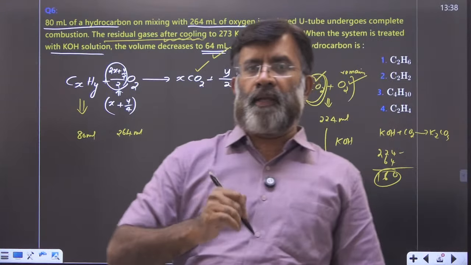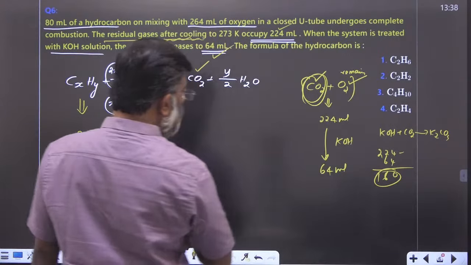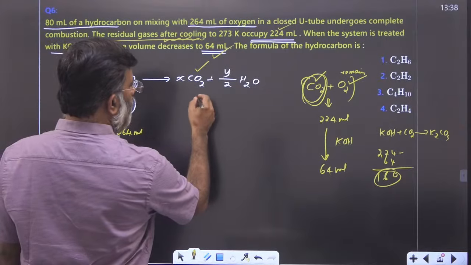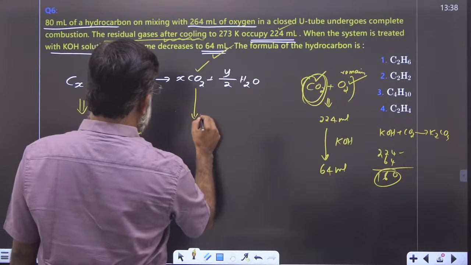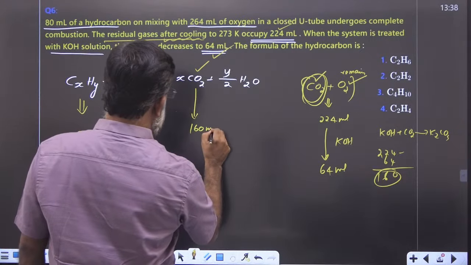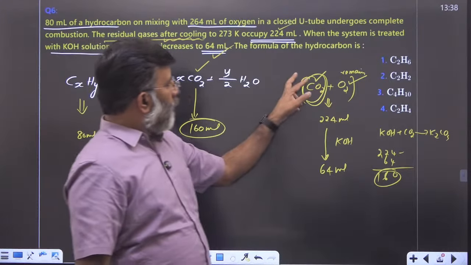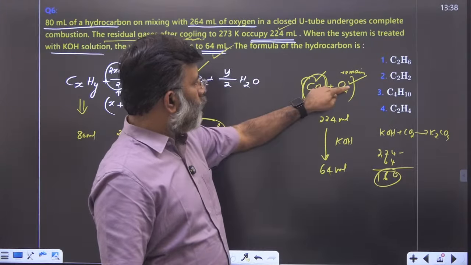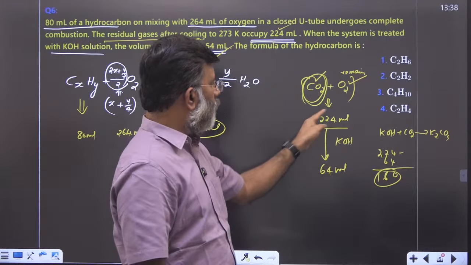So CO2 formed is 160 ml. You see, the CO2 formed and O2 remaining at the end, it is 224.